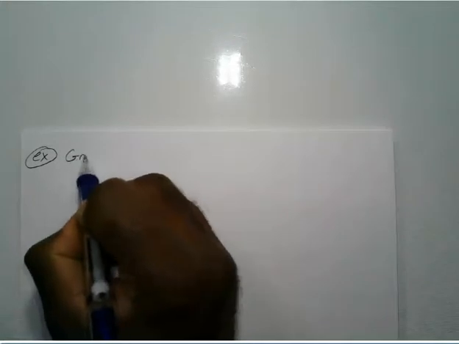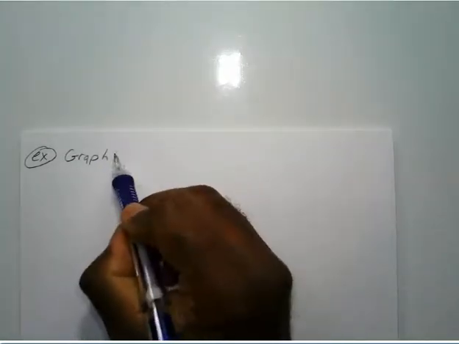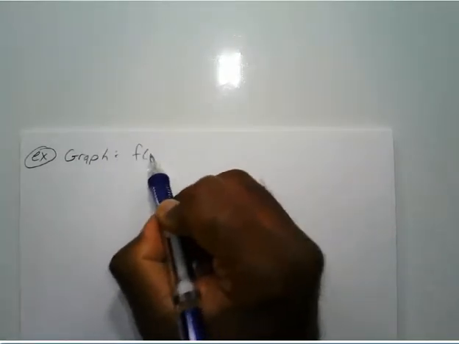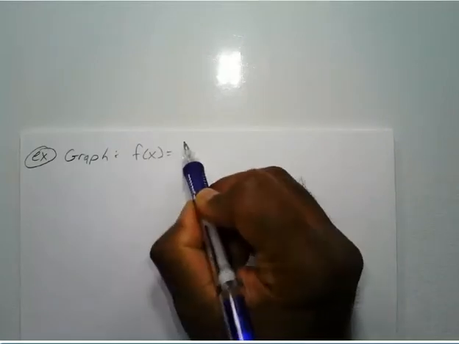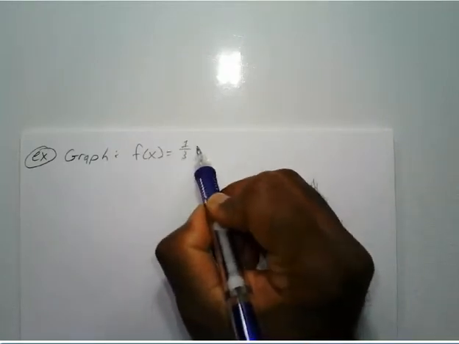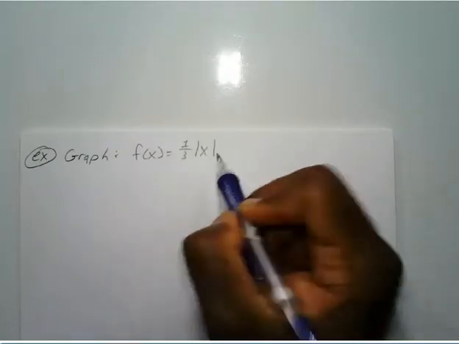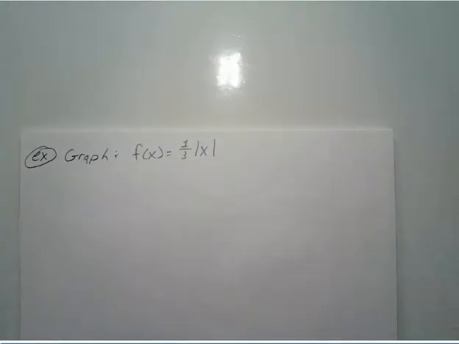All right, so let's say, for example, we wanted to graph f of x equals 1 over 3 times absolute value of x. Okay, so just like before, the very first thing we're going to do is find our parent function.